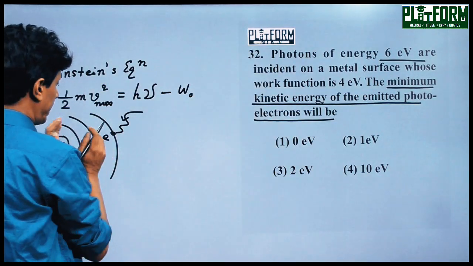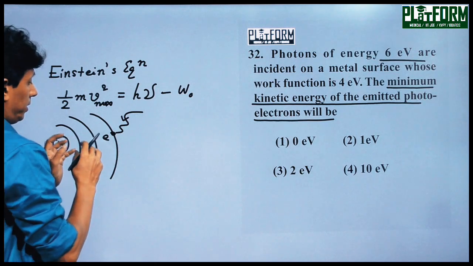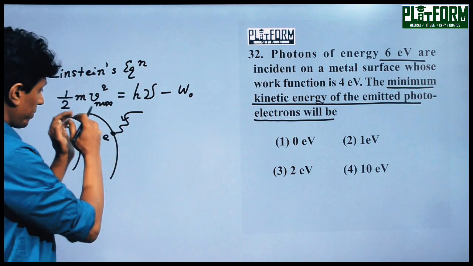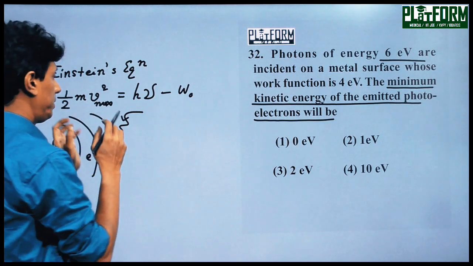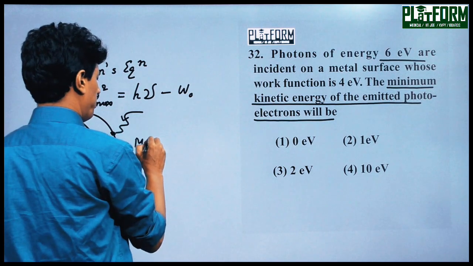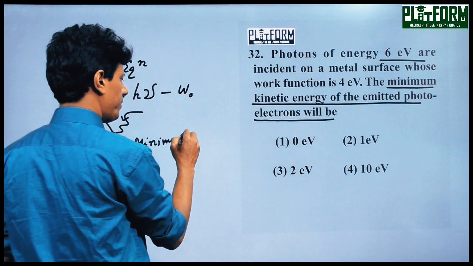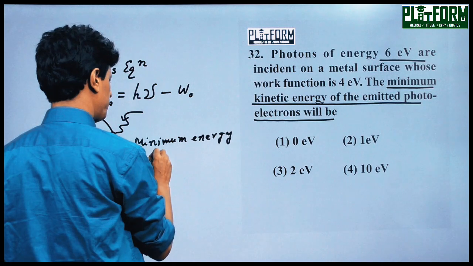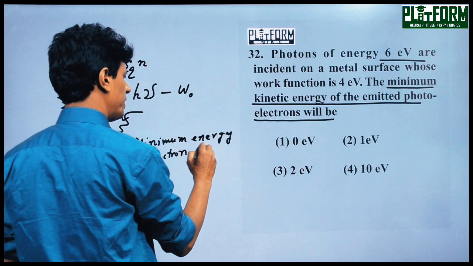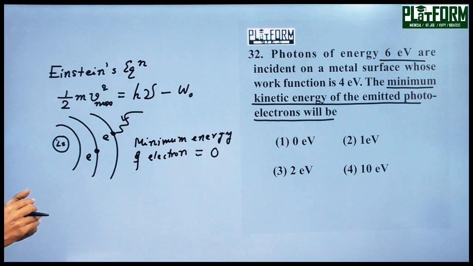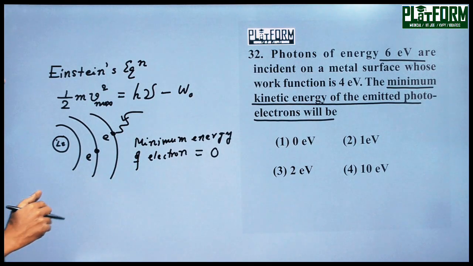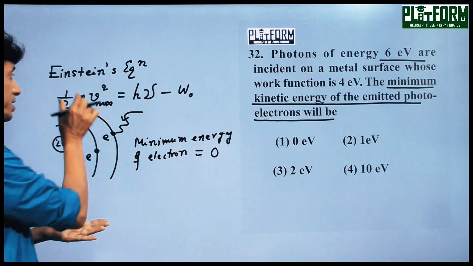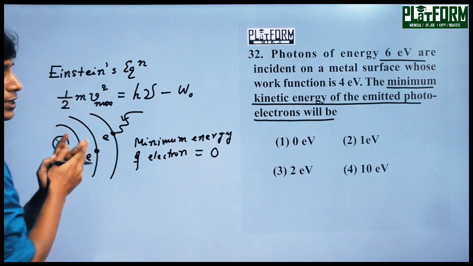So in this case the energy of the electron is 0. It will just come out of the atom, and the minimum energy of the electron is equal to 0. That is, we can get photoelectrons of different energy, starting from 0 to maximum kinetic energy as per the Einstein equation.